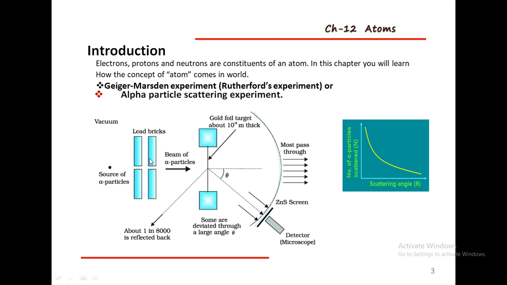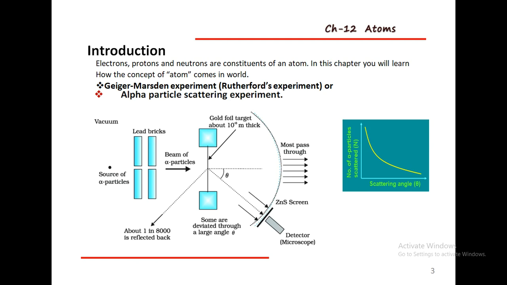This single beam of alpha particles passes through a gold foil target. They used a gold foil target having a thickness of 2.1 into 10 raised to minus 7 meter, or approximately 10 raised to minus 8 meter.